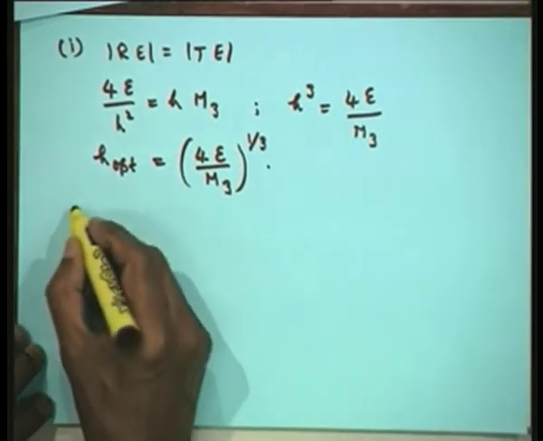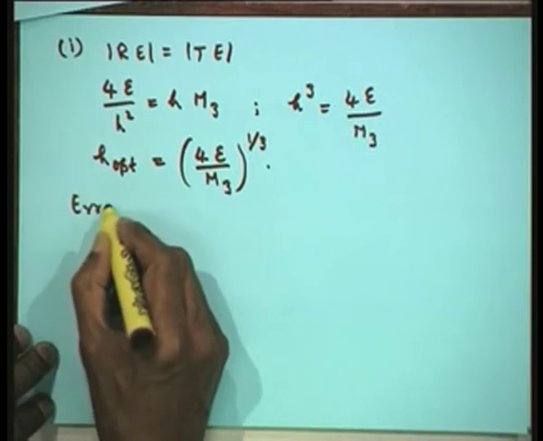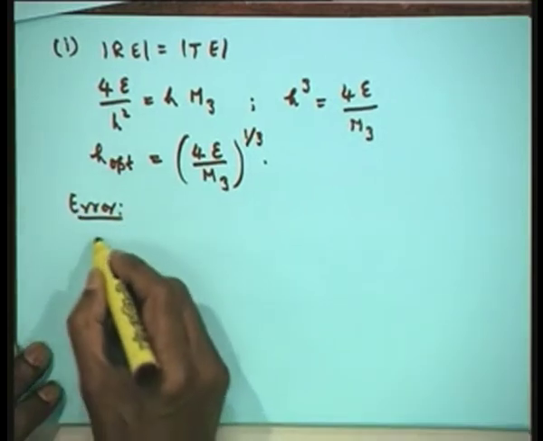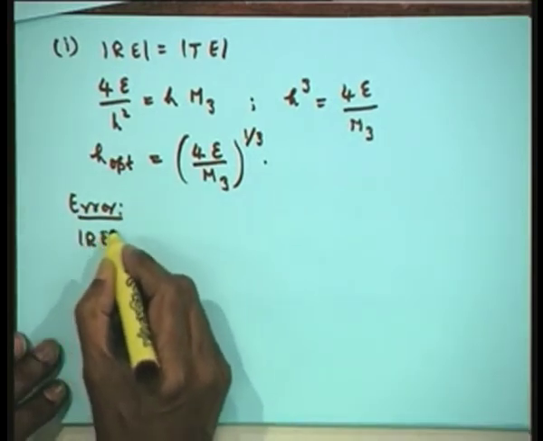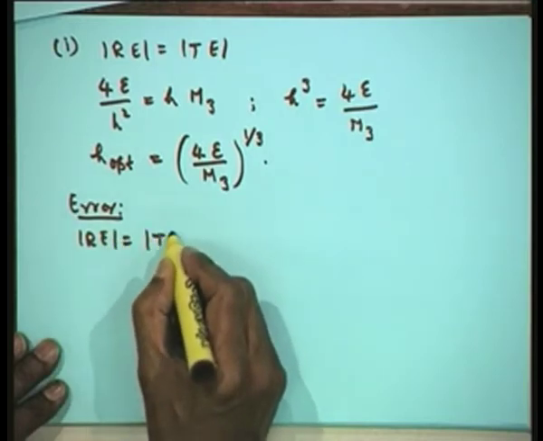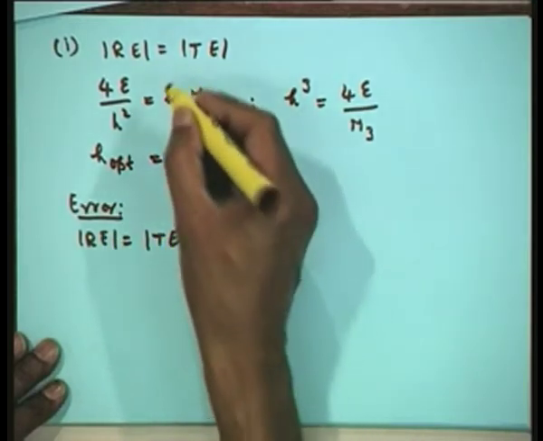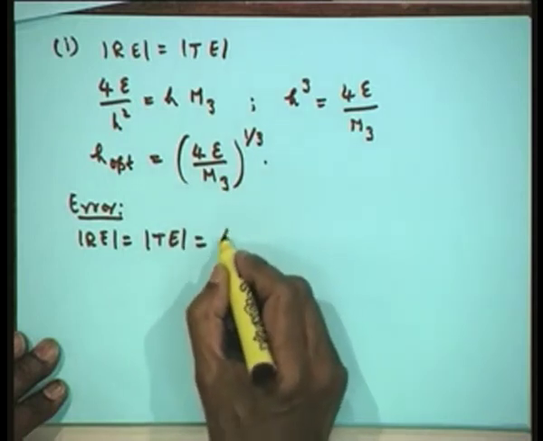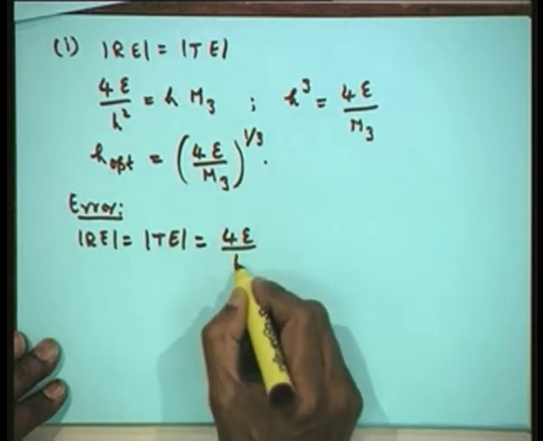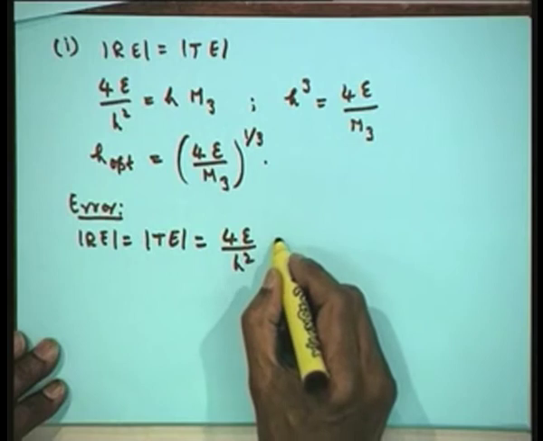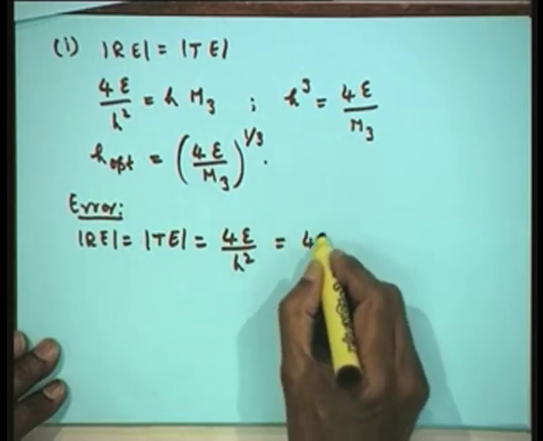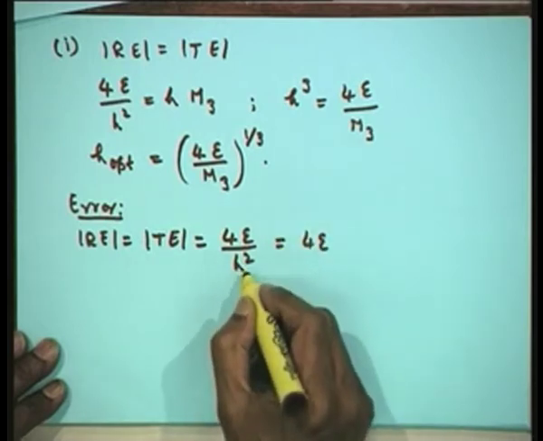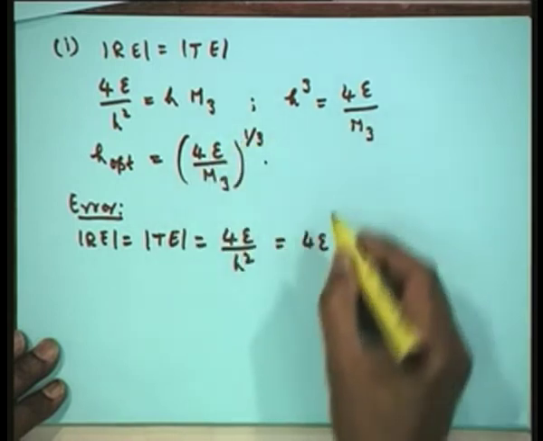Now, let us see what is the error here. The magnitude of round off error is equal to the magnitude of truncation error. We can use any one of them, that is your 4 epsilon upon h square, suppose I use this. The left hand side will be equal to 4 epsilon times 1 upon h square.